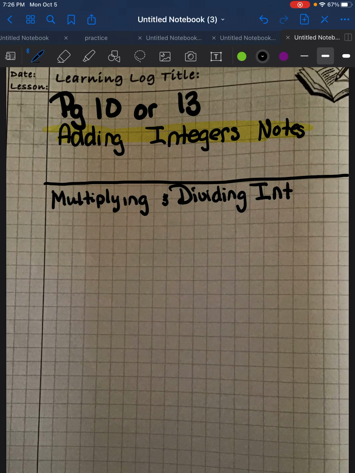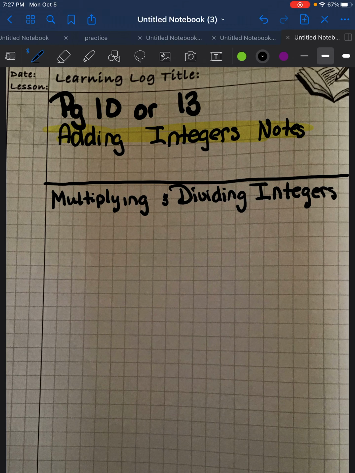Okay, positive and negative numbers. So we're going to just go over the rules for multiplying and dividing integers because we will go over the examples and the why it works in class. And this is just notes to help you remember. So if you need to pause and get that heading down, do that.